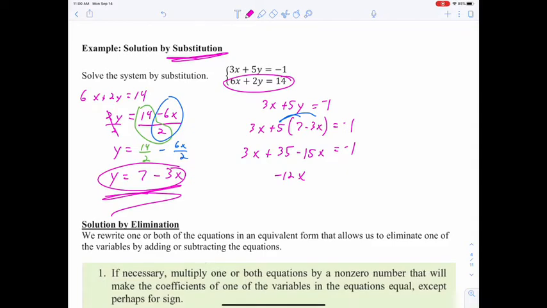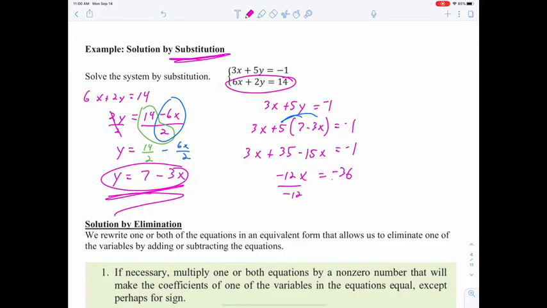So the one on the left goes away. And -35 minus 1 is -36. Okay, then we divide by -12 on both sides. Negative over negative is positive. 12 over 12 is 1. Again, negative over negative is positive. And 36 over 12 is 3.